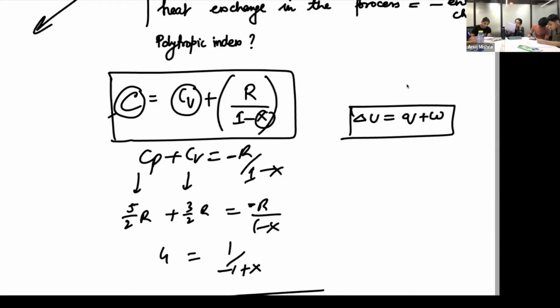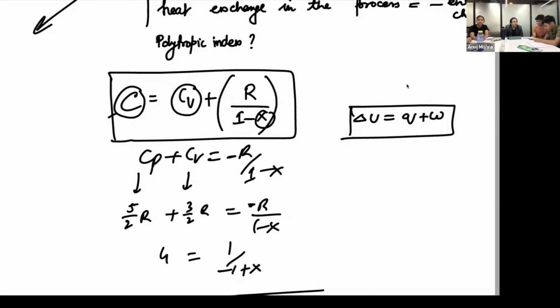Okay, all fine. Solve it. So in the formula, is it x minus 1 or 1 minus x? Cv plus R upon 1 minus x. Because you do plus R by 1 minus x. What is your x coming to? So 5 by 4. Theirs is coming 3 by 4.